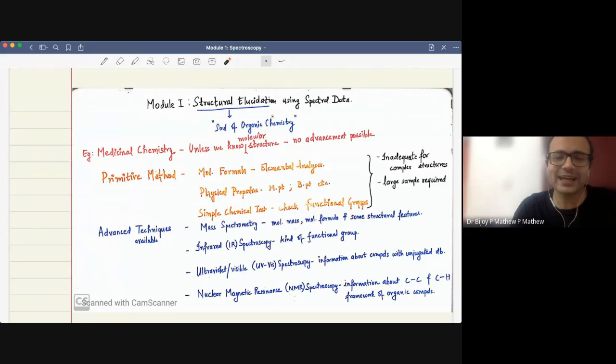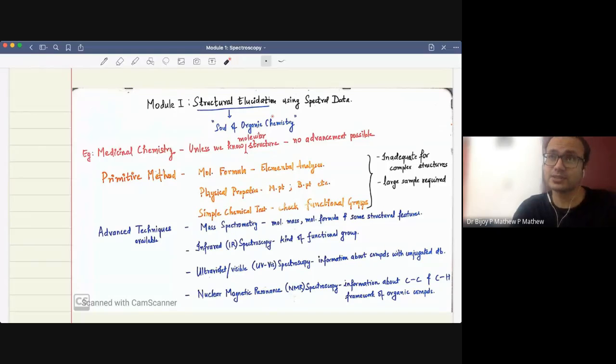By looking at it, you can never know the exact structure of the compound. So how to know the structure is a very important job in chemistry. By looking, we cannot say, okay, this is benzene or this is any other compound. You cannot determine the structure of the compound by looking. So we require certain strategies in order to know the structure.